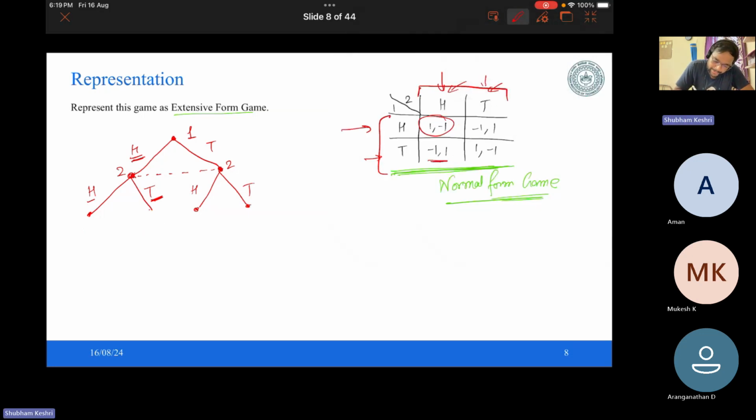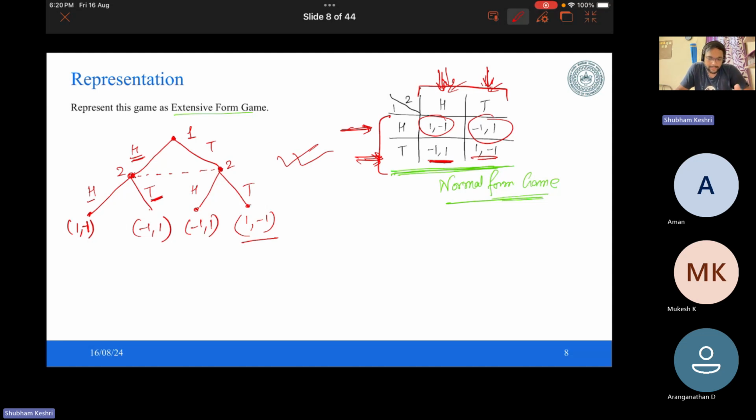When player 1 is playing H and player 2 is playing H, it is 1 comma minus 1. When player 1 is playing H and player 2 is playing T, it will be minus 1 comma 1. When player 1 is playing T and player 2 is playing H, it will be minus 1 comma 1. And when player 1 is playing T and player 2 is playing T, it will be 1 comma minus 1. This is the complete representation of a normal form game as an extensive form game.